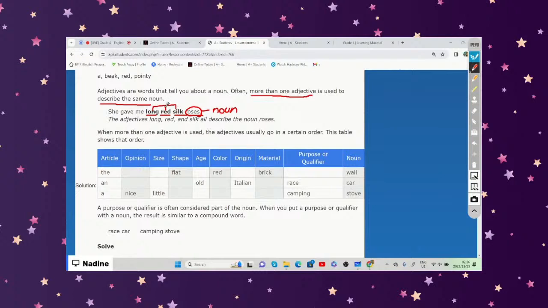So these are the adjectives that describe the noun, roses. They are described as long roses, red roses, and silk roses.